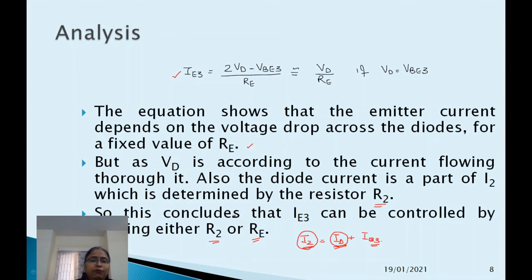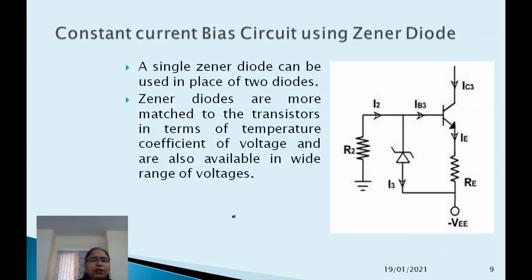But if the constant current bias transistor Q3 itself has any thermal instability or variations due to temperature increase, that is also taken care of by replacing the resistance R1 by the two diodes D1 and D2. Similarly, those two diodes can be replaced by a single Zener diode, but the functioning of this circuit is similar to the already studied circuit.